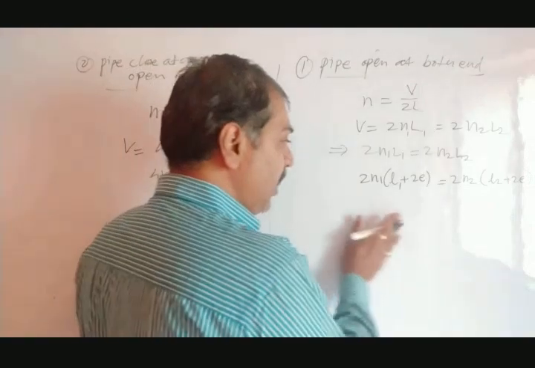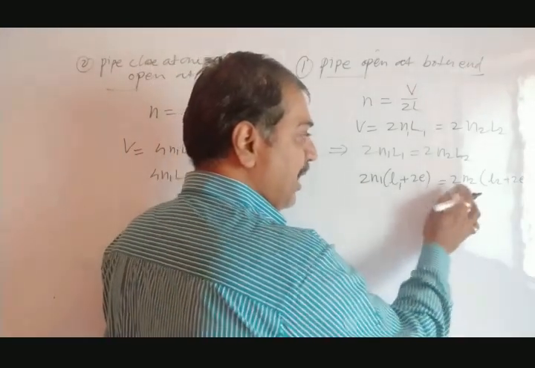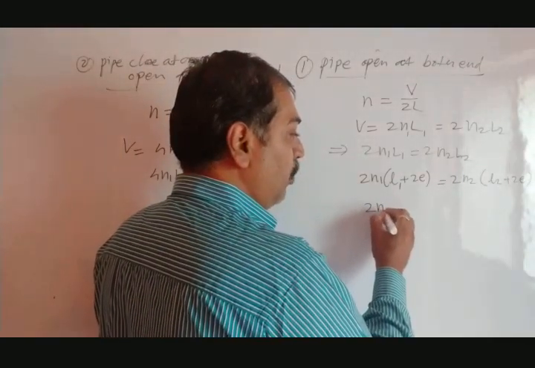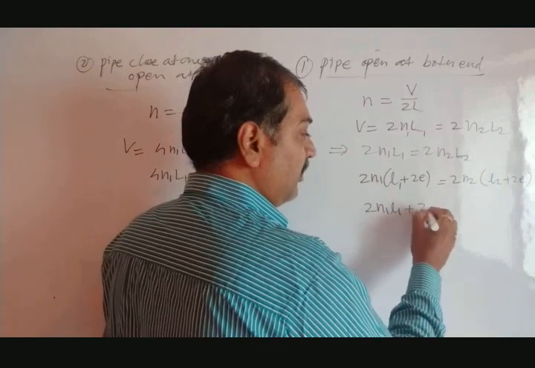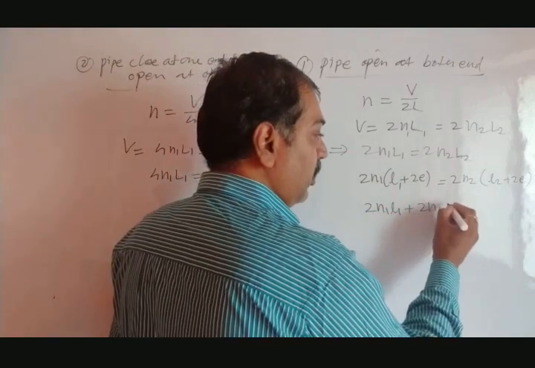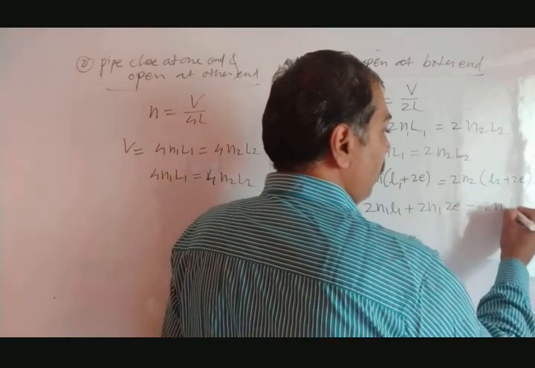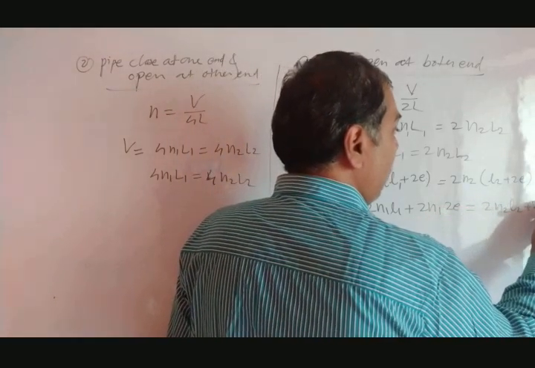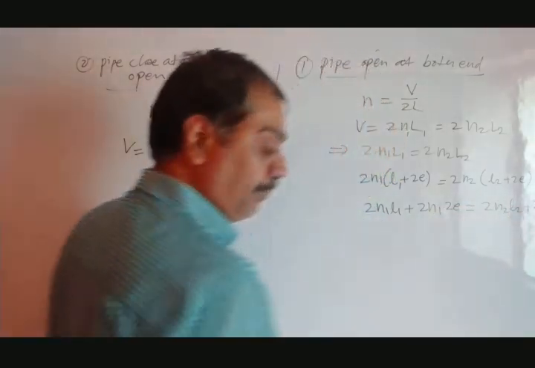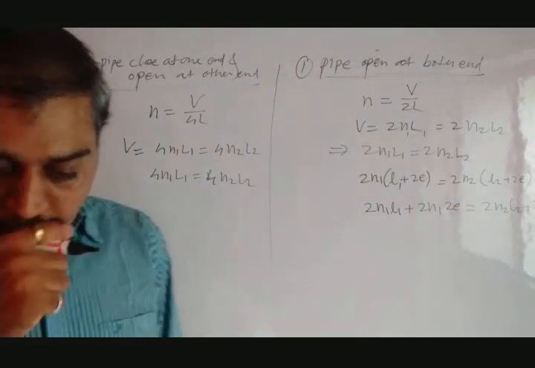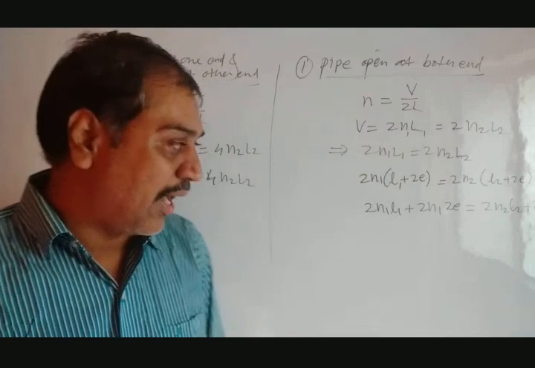Okay, fine. I will solve it. Just multiply these two brackets. You get 2N1 L1 plus 2N1 into twice E equal to twice N2 L2 plus twice N2 into twice E. You can write these things like this.